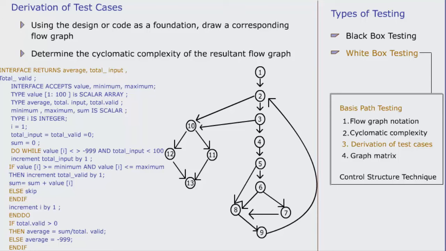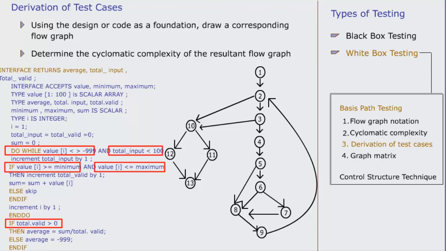Determine the cyclomatic complexity of the resultant flow graph. The cyclomatic complexity can be determined by using the formulas. We can also determine cyclomatic complexity without developing a flow graph. For this purpose, we count all conditional statements in the program logic and add 1.